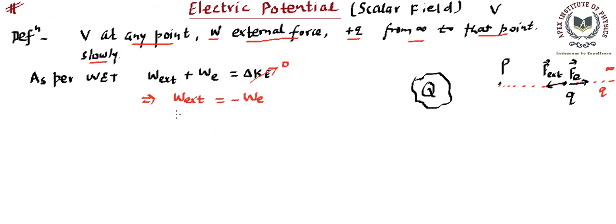Because of this charge distribution, we can find the electric force, and if we can find the electric force, then we can also find the work done by this force.